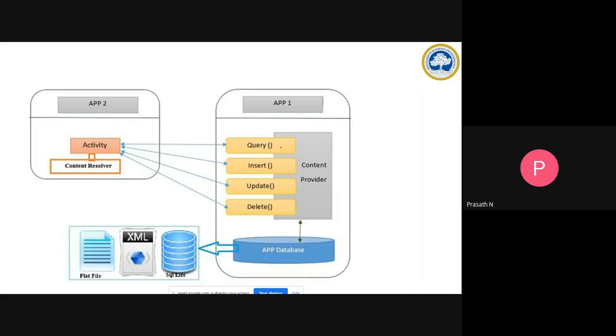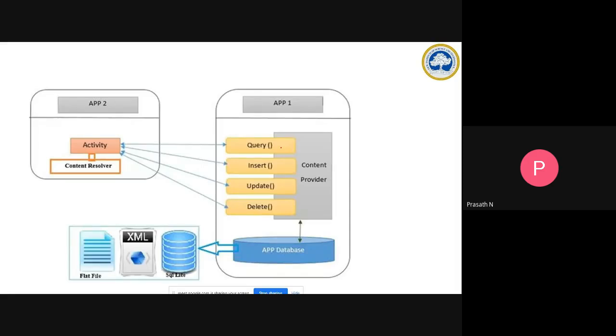It sends a query to app one. First it searches in app two, and if it is not available there, it goes and searches in app one. If it is not available there either, nothing is displayed, which means that number is not registered in the second WhatsApp application.